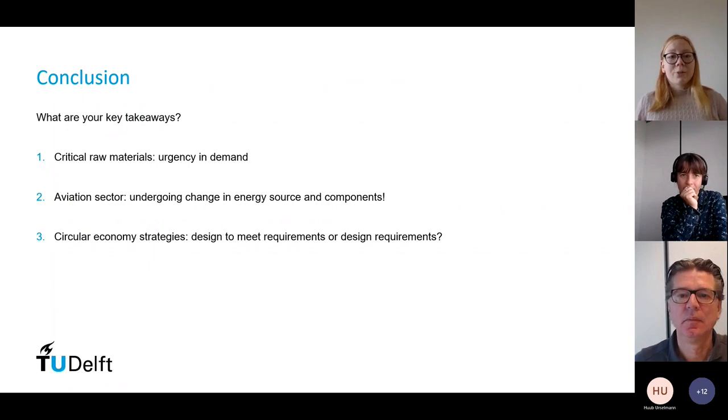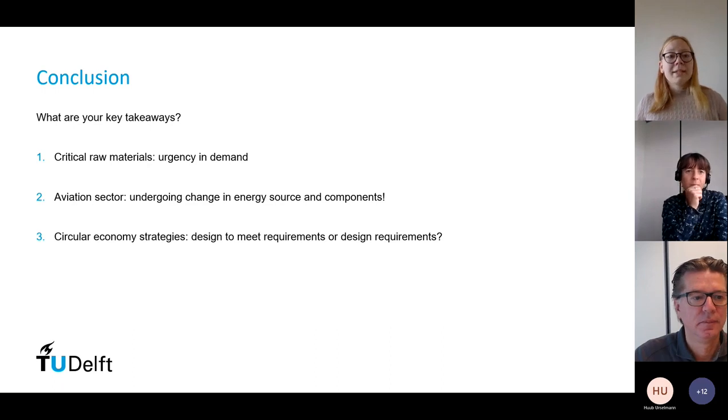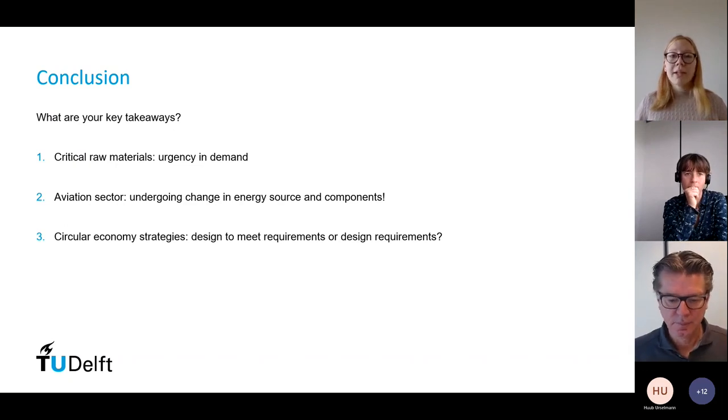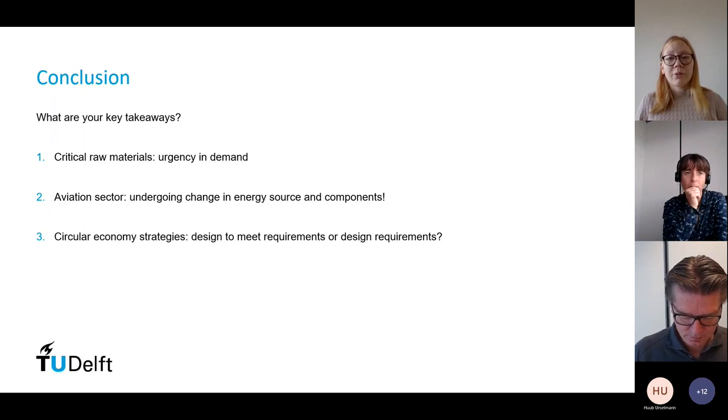So first of all, the critical raw materials. The problem is the urgency in demand. We are going through the energy transition. We're going through this transition towards a more sustainable economy, and we're doing it now. We need the materials to support this transition. Second of all, we have the aviation sector that is undergoing a change in energy source and components, which also leads to a change in the materials that we're using to make these propulsion systems.